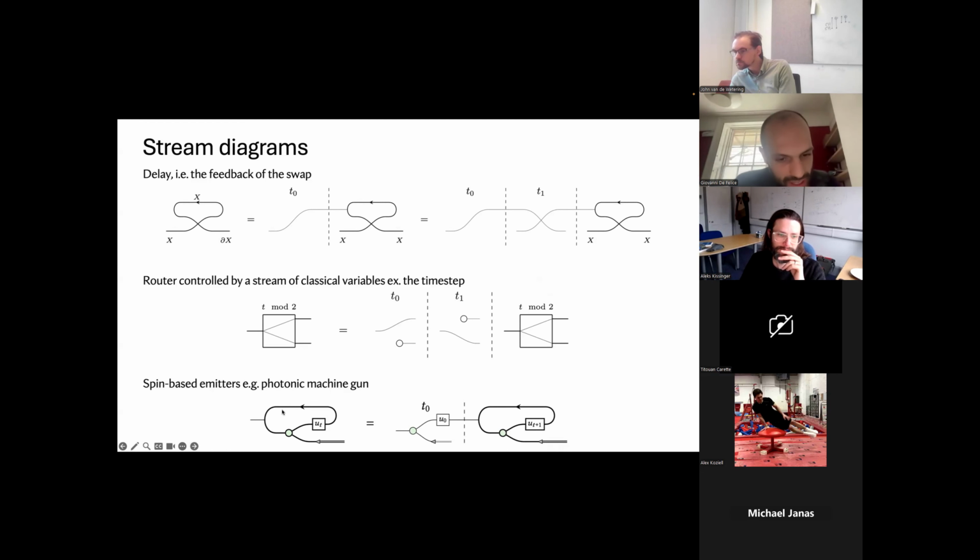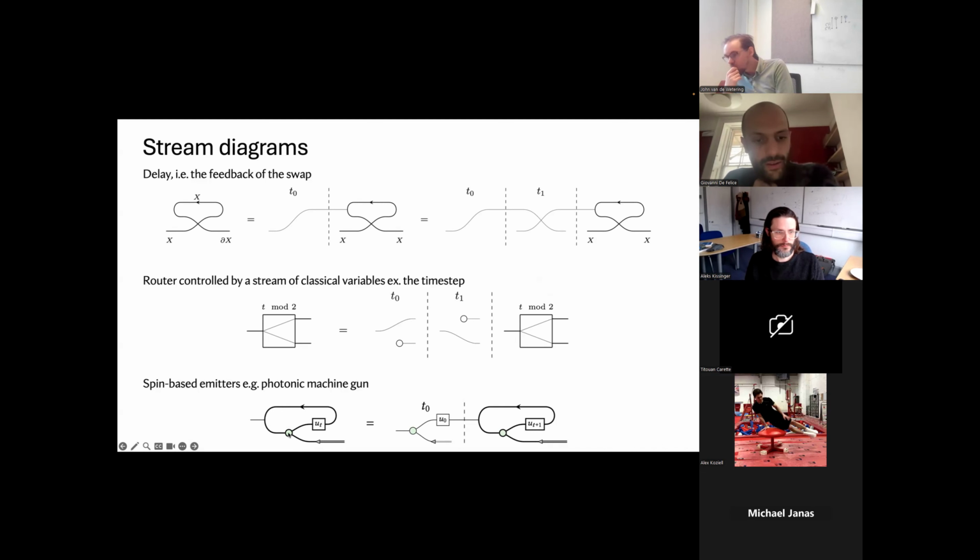In this case, for a stream of ZX diagrams, we can consider this stream, which represents an atom that emits a photon at every time step. The atom has some initial state here, and then it will emit a photon which is entangled, which has the same state as the atom. That's why I'm putting a green spider there. And here I'm putting the triangle to say this is a photon being output and not just a qubit.